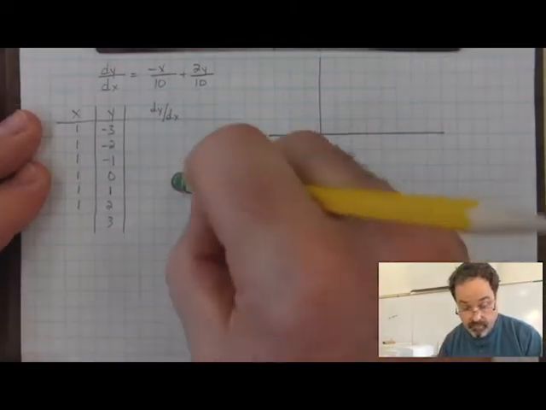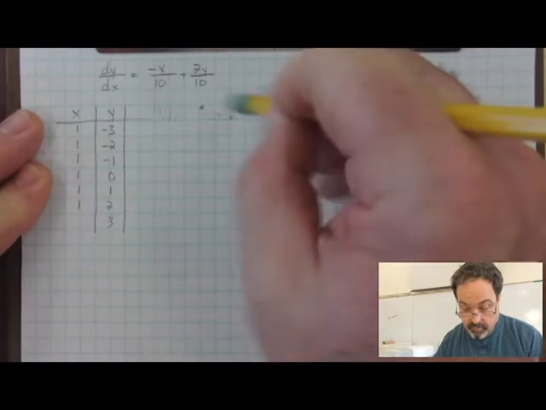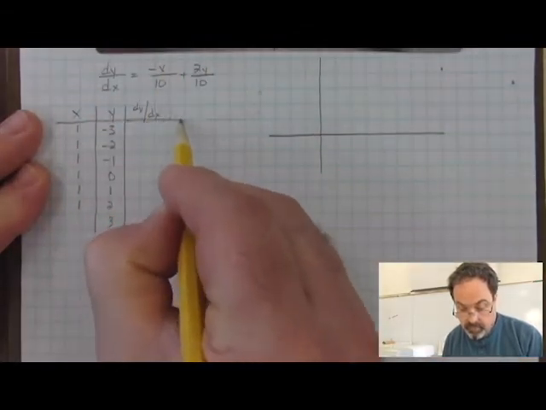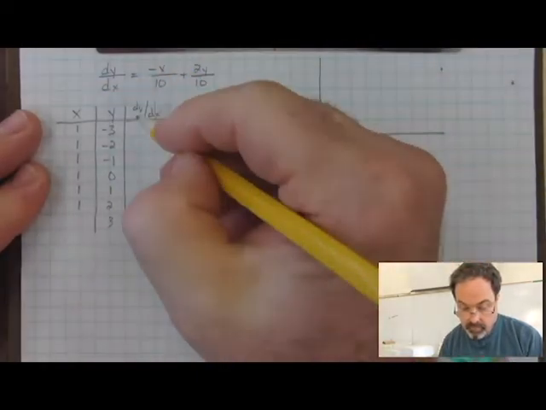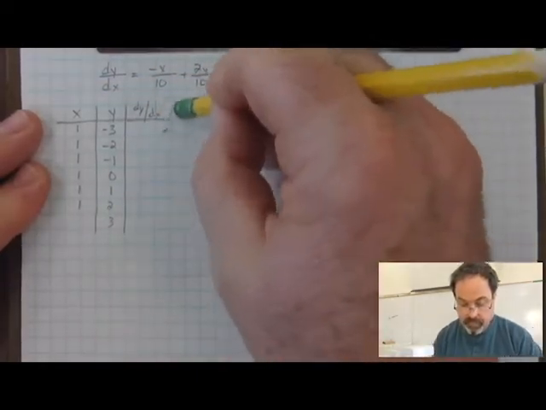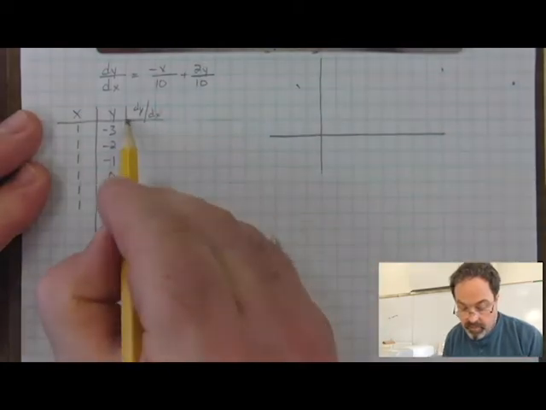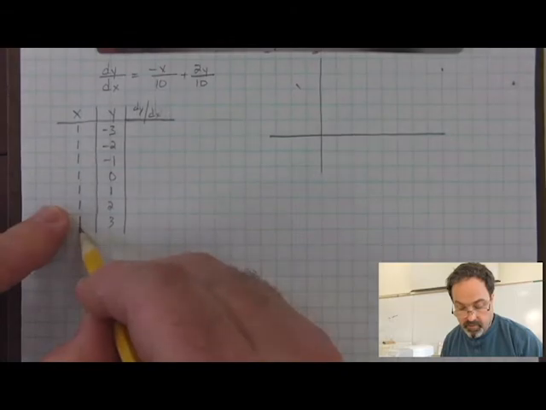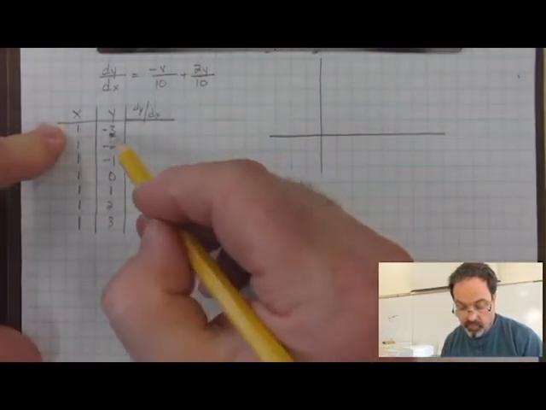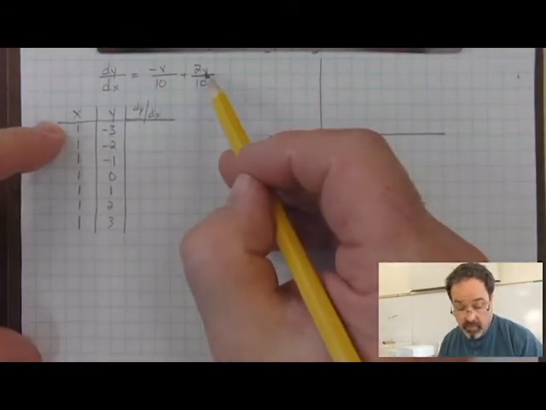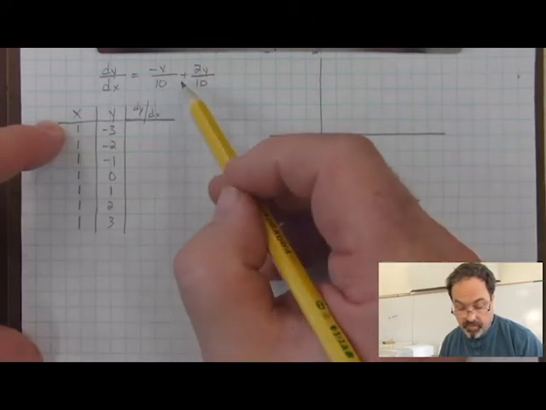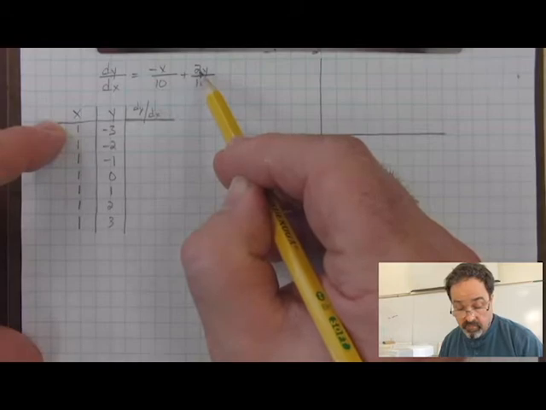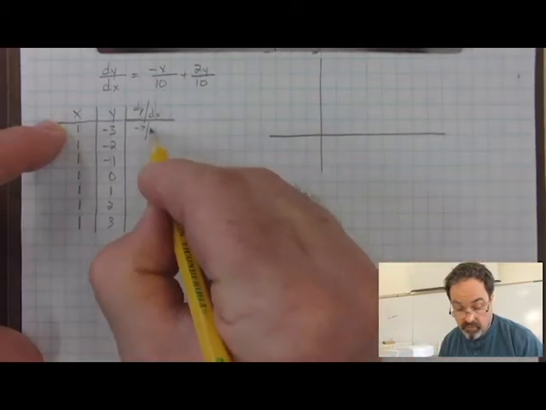To start off, with my given choices, x is going to be 1 each time, and y will start at negative 3. So I'm going to have a negative 1/10 plus a negative 6/10 to make a total of negative 7/10.